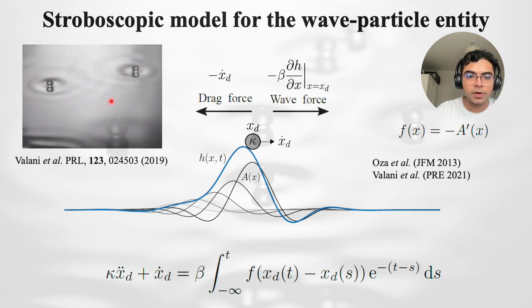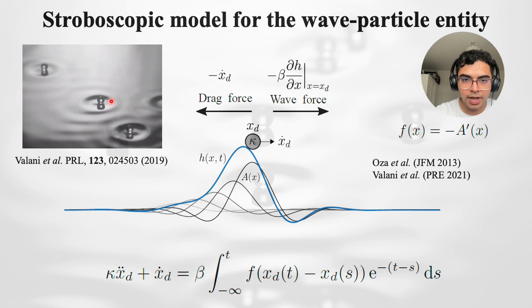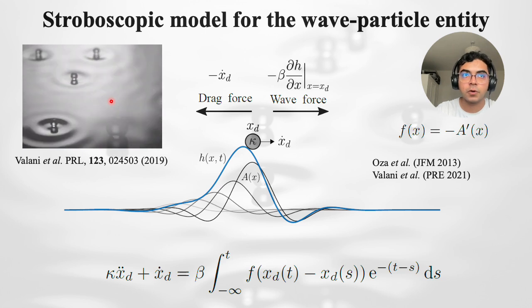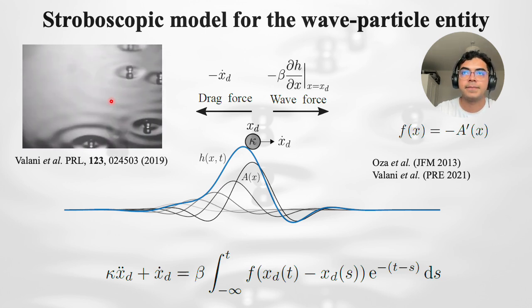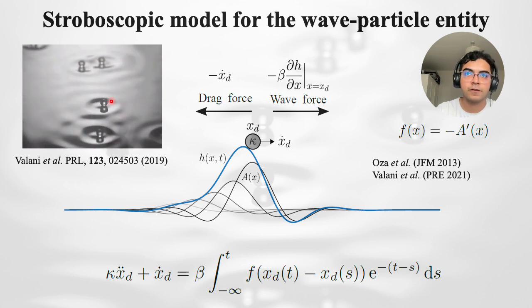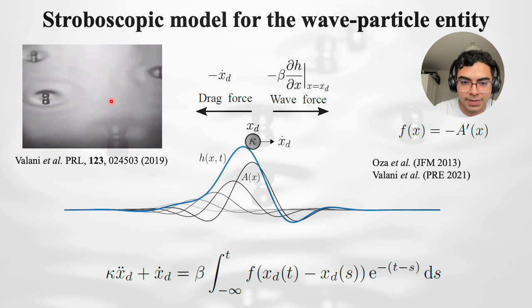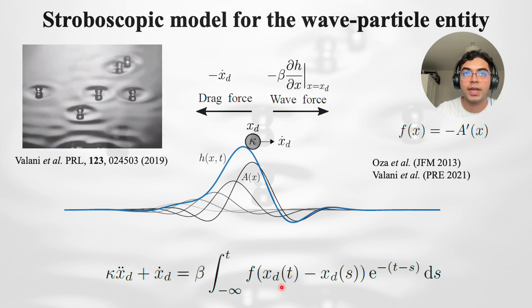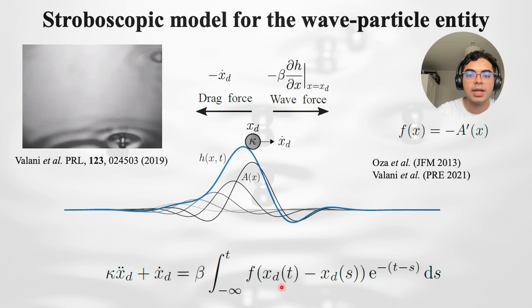You only see the horizontal motion, but not the vertical motion. And the stroboscopic model does exactly that. It averages over the vertical dynamics of the particle and gives us an equation of motion for the horizontal dynamics. Here is the equation of motion we get for the wave particle entity moving in one horizontal dimension.